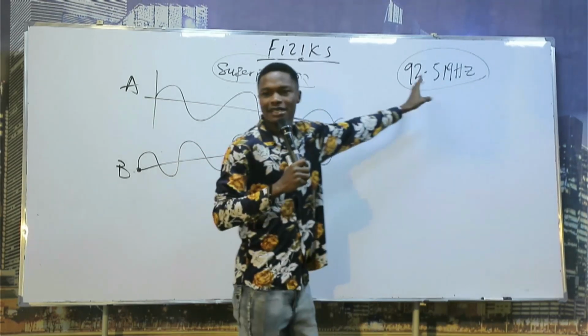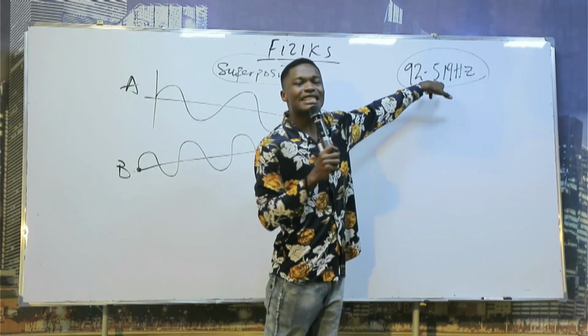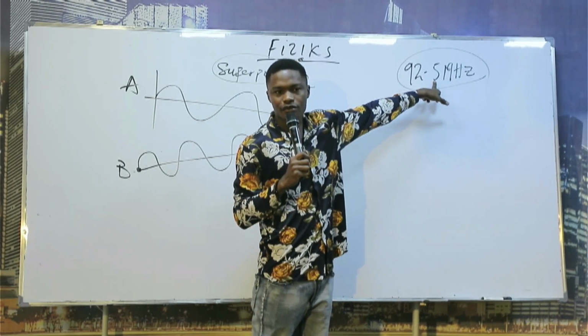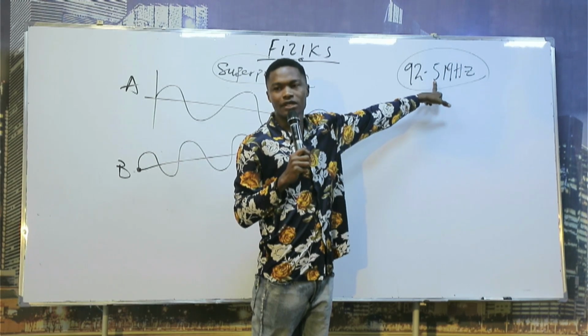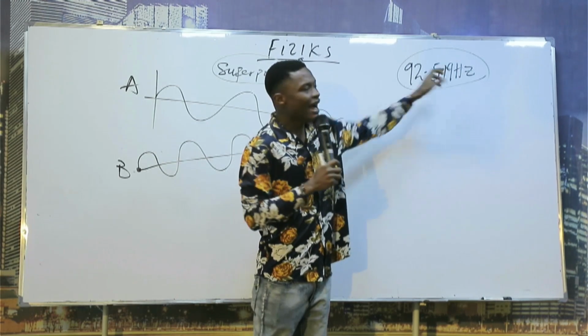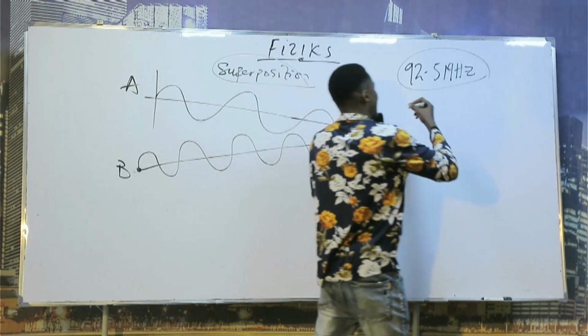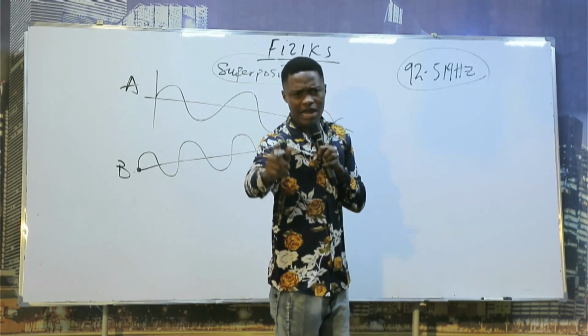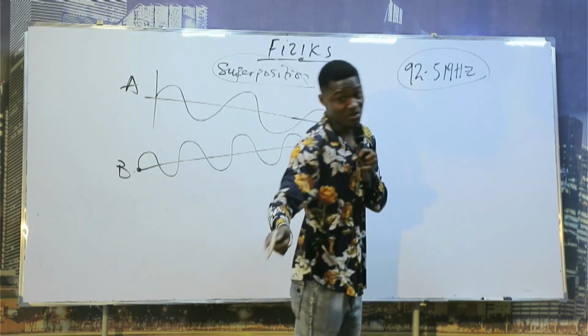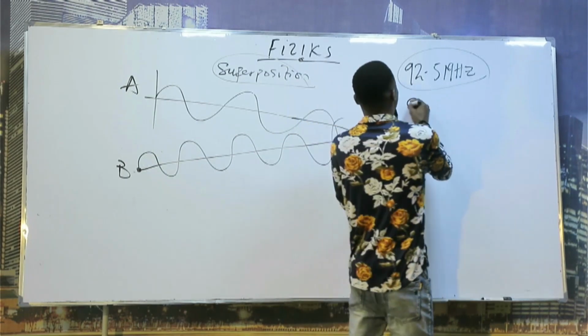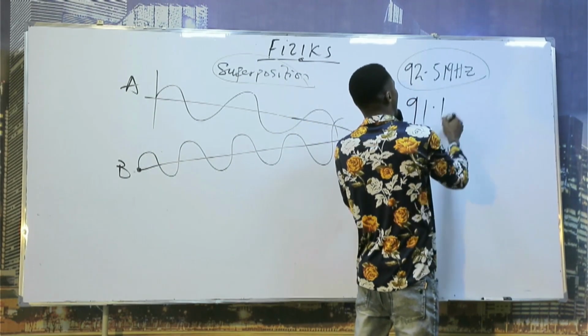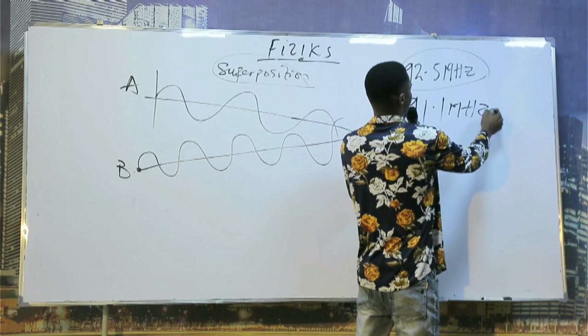So now what happens? This 92.5 is their frequency. Some of you don't know that, but that is the frequency. Now, let's say you know Sound City. That one is much more popular because it's music. So you have 91.1. That is their channel frequency.